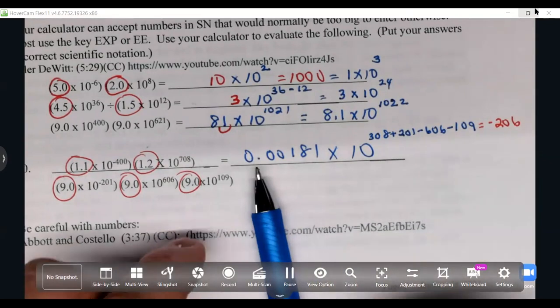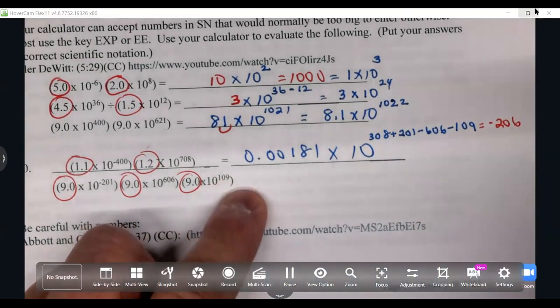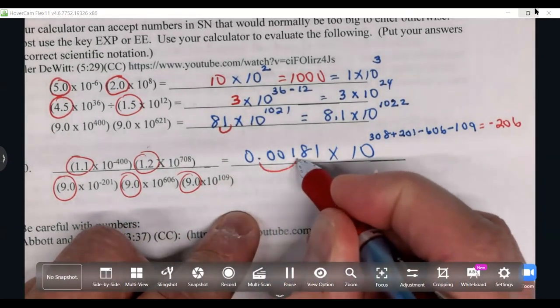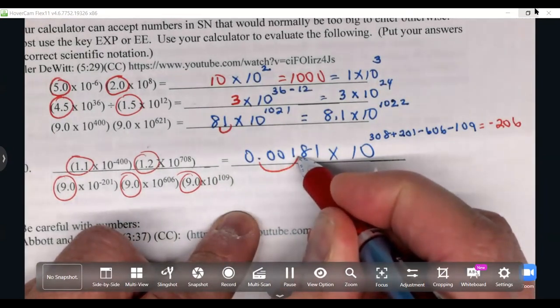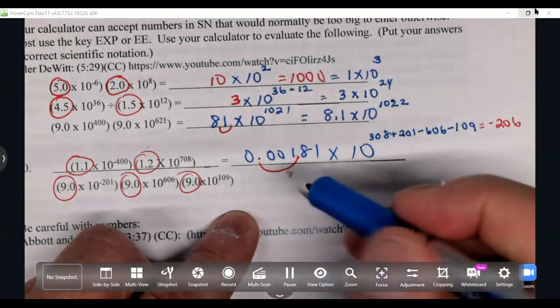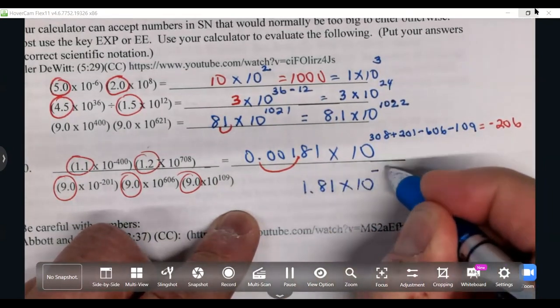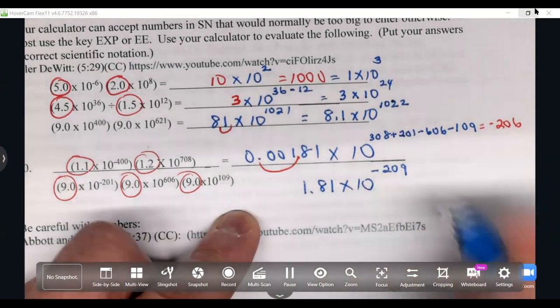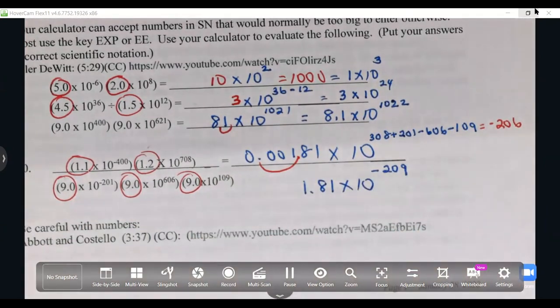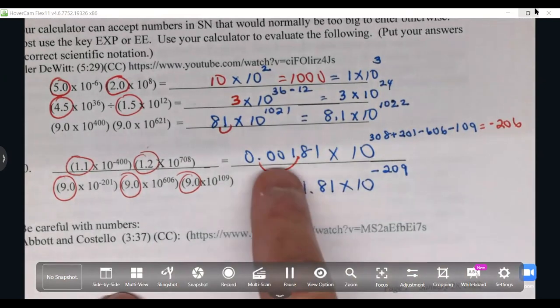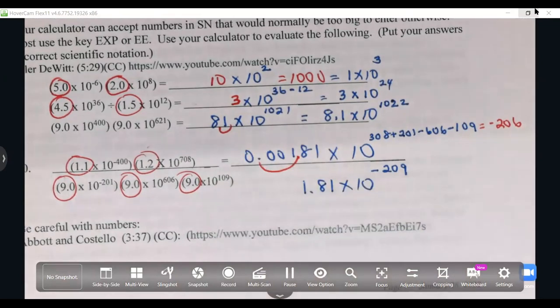But if I put this in correct scientific notation by moving it to the right 3, my correct answer is 1.81 times 10 to the minus 209. I'd have to move it 209 to the left. So you have to think that out when you get an answer like this, and then you have to put it in correct scientific notation.